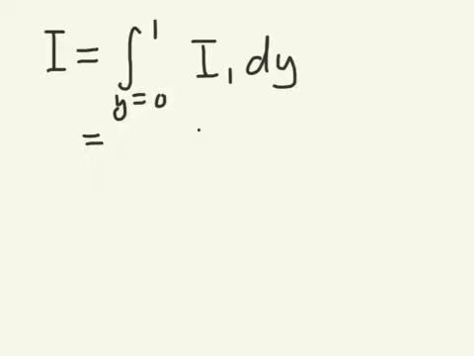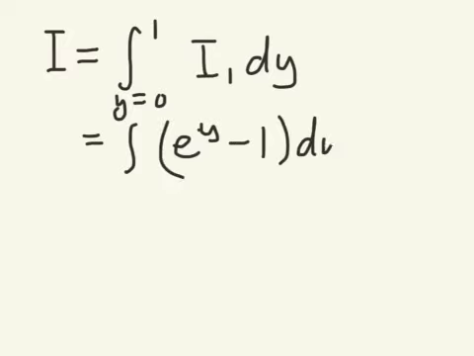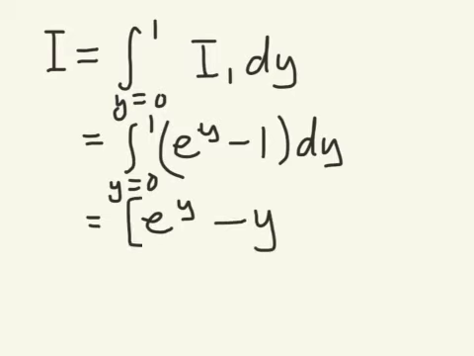So that's the integral of e to the y minus 1 dy between the same limits, 0 to 1. So we put those values in, we integrate. So we integrate e to the y, we get e to the y, integrate 1 with respect to y, and we get just y. So we get y equals 0 to 1.